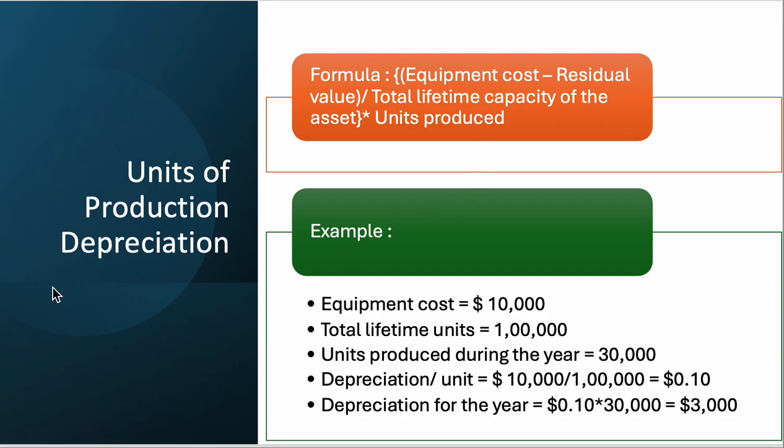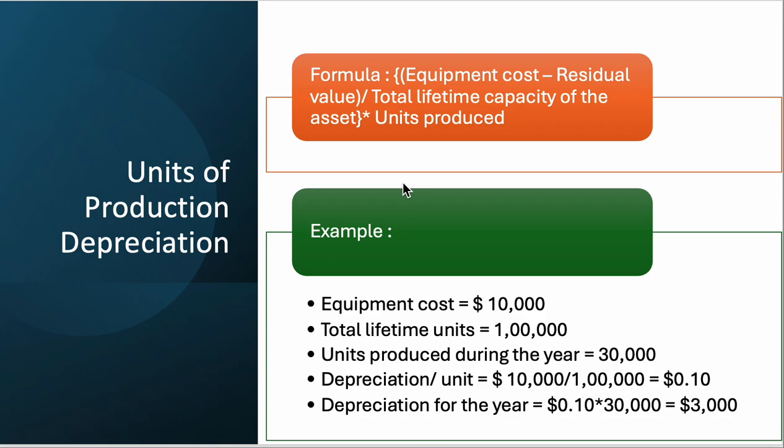Now, let's talk about the units of production depreciation. This method links depreciation directly to usage. This method is useful for equipment or machinery where wear and tear depends on how much it's used.